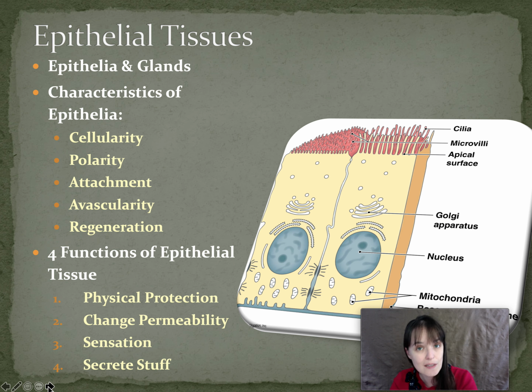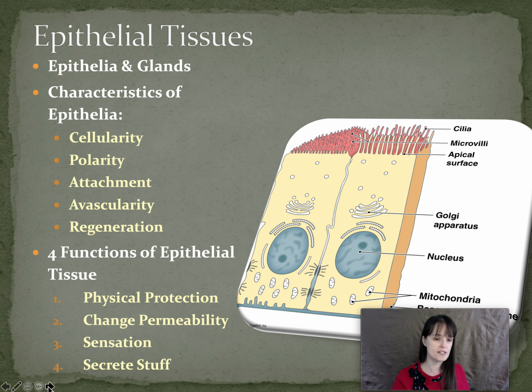So this will include your skin, the lining of your digestive tract, the lining of your respiratory tract, the lining of your urinary tract, the lining of your reproductive tracts, basically the linings of all the tubes, including your blood vessels, are made of epithelia. And glands secrete stuff, and stuff is the technical term. Stuff including things like sweat, sebum, cerumen, digestive enzymes, and we'll cover all of that as we get there.